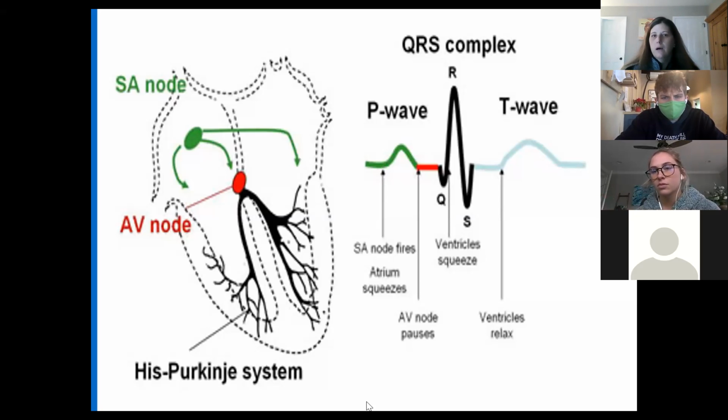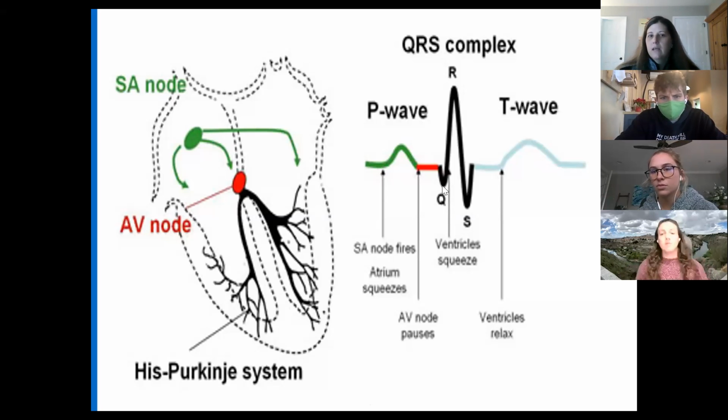But you see on this picture here, at the bottom of the Q. So you wouldn't take all of the positive voltage and subtract the negative voltage. You would start with the lowest point.